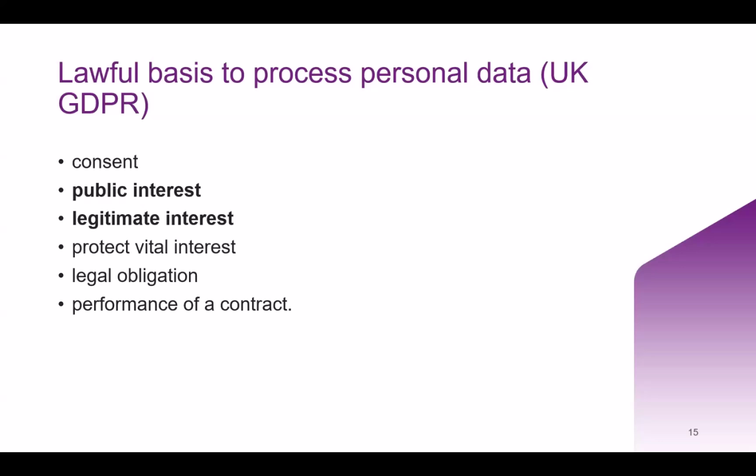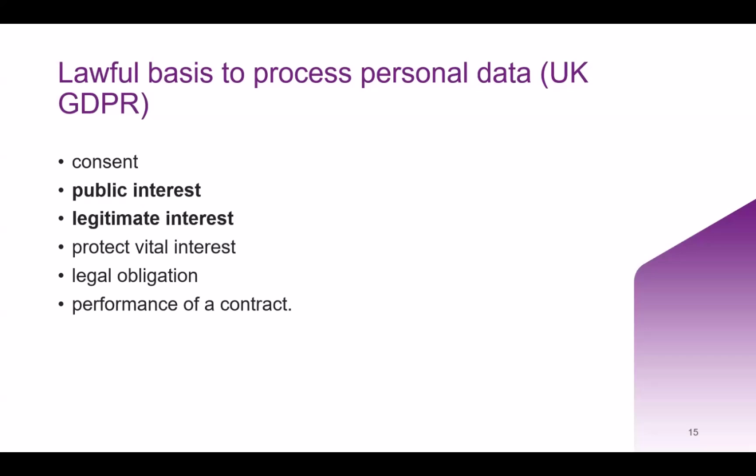The Information Commissioner's Office, ICO, advises that for almost all the research conducted in the UK, organizations should rely on either public task for all public bodies, for example, NHS, universities, UKRI funding bodies, etc., or legitimate interest for non-public bodies, which are charities, commercial companies, and so on.